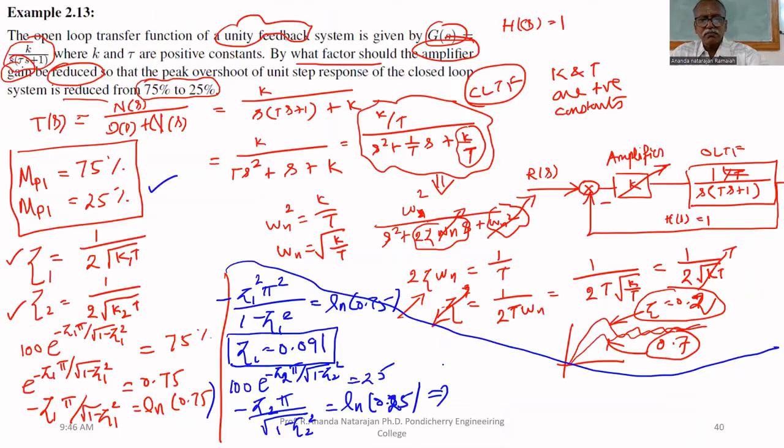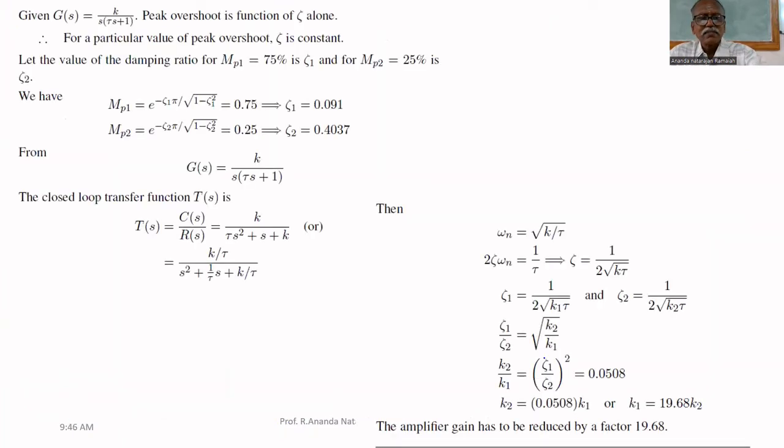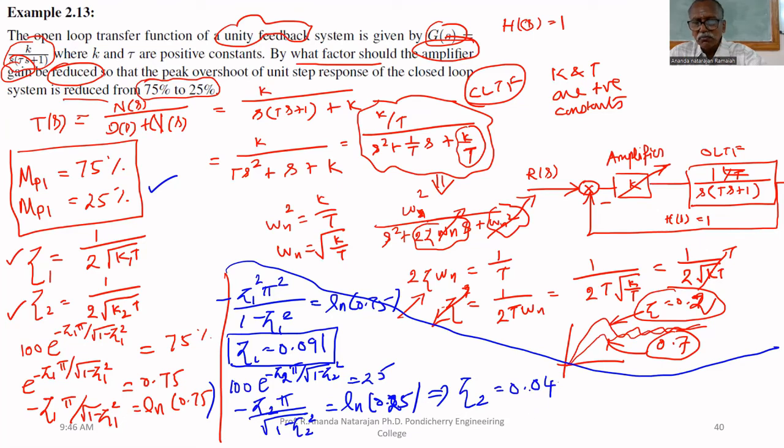This implies zeta 2 equal to 0.4037. That is the second equation.